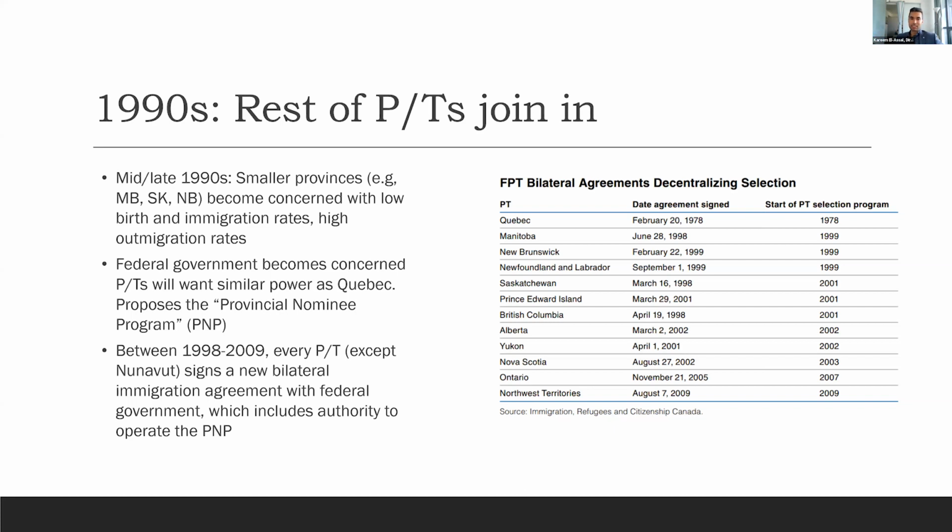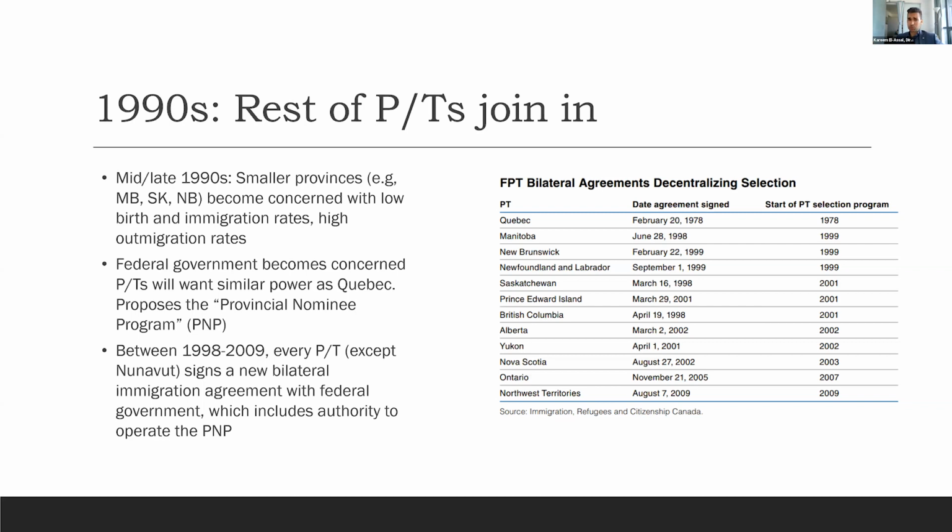And a major reason as to why the province became so interested in getting more involved in immigration is in the mid-1990s, they lost their beloved NHL team, the Winnipeg Jets. And so this was a real turning point for the business community in Winnipeg and across Manitoba to basically look for solutions on how the province can do a better job of supporting its population growth.